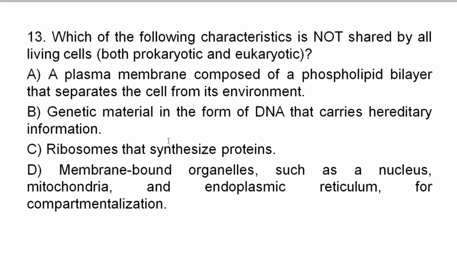C. Ribosomes that synthesize proteins. D. Membrane-bound organelles such as a nucleus, mitochondria, and endoplasmic reticulum for compartmentalization. Which one of the following is not shared by prokaryotic and eukaryotic cells from the given alternatives?